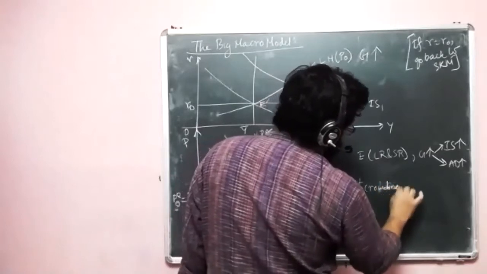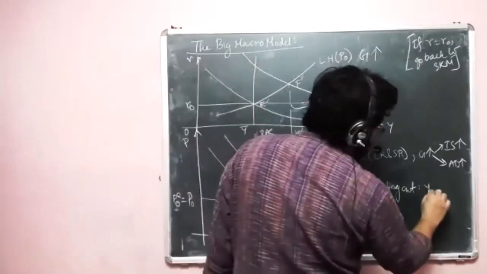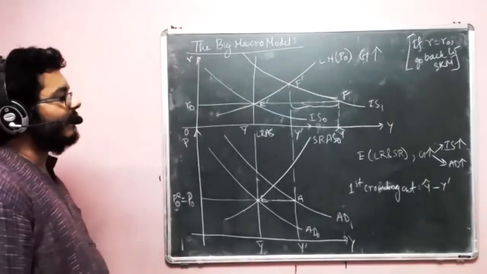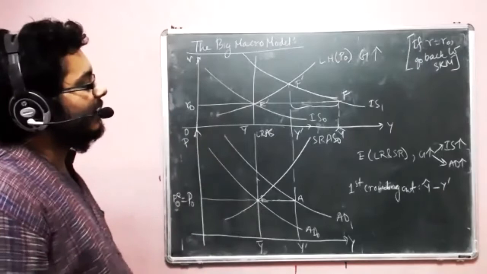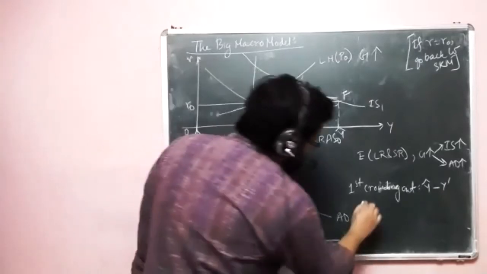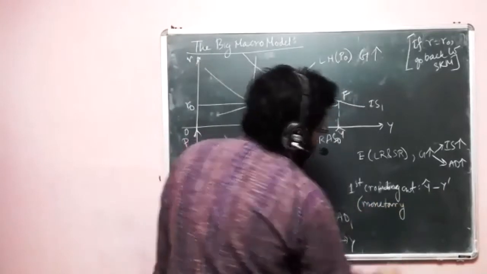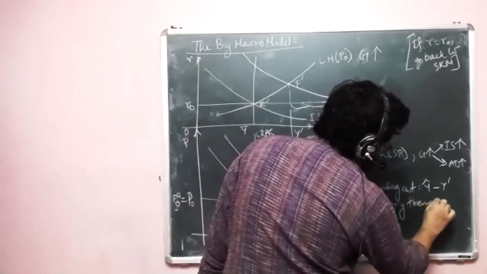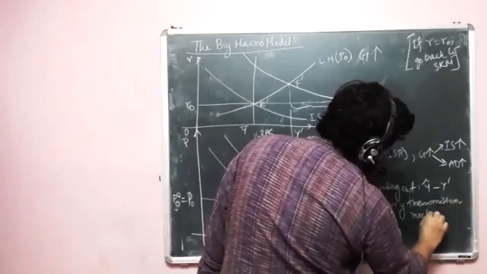So the first crowding out is Y hat minus Y dash, and that is happening because we have an LM curve here. But that's a very bad way of saying it. The reason is the monetary transmission mechanism, something that we studied in ISLM.